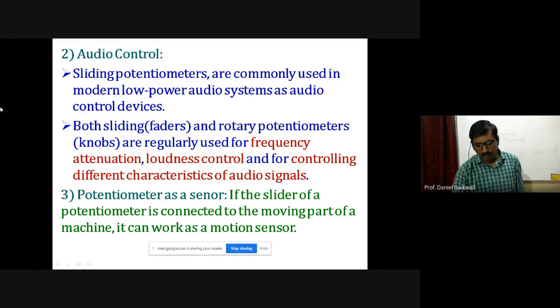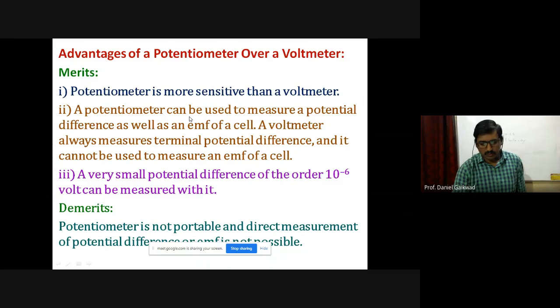So how much that part of the machine has moved from its fixed point can be calculated in terms of change in resistance of the potentiometer wire, and that is calibrated in terms of the motion, or how much displacement of that particular part, which can be measured with the help of this potentiometer instrument. So we have a number of sensors that can be made using a potentiometer.